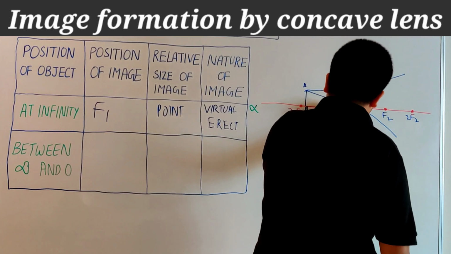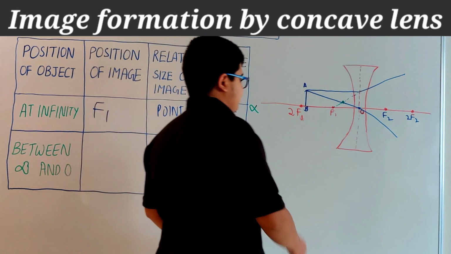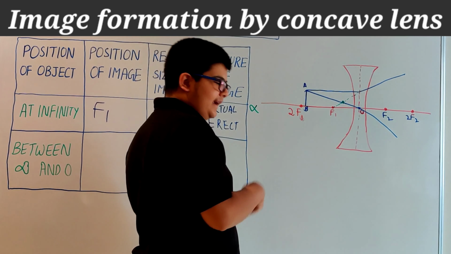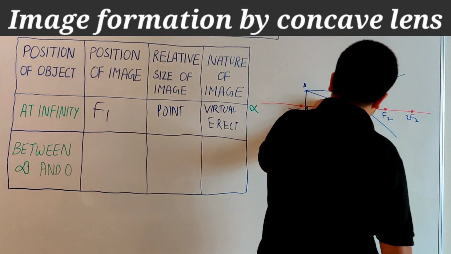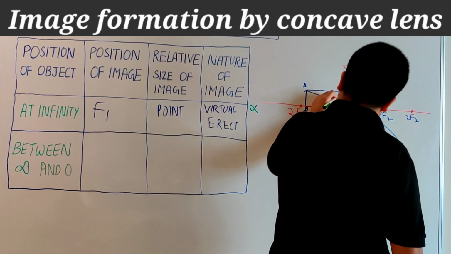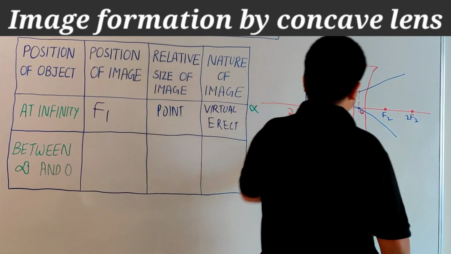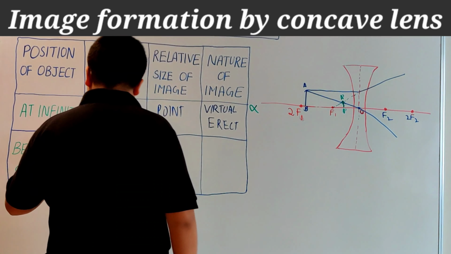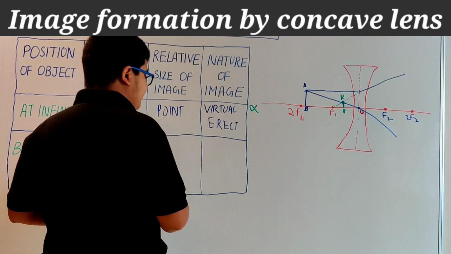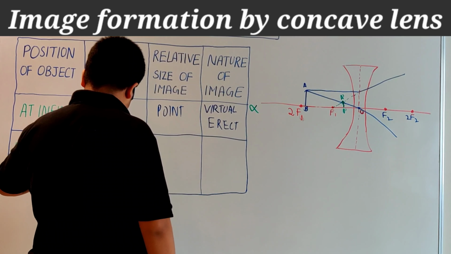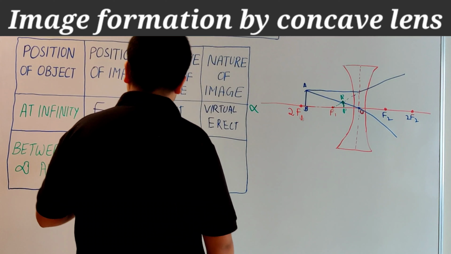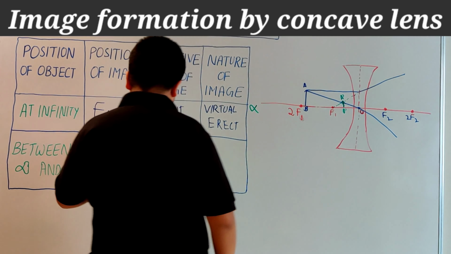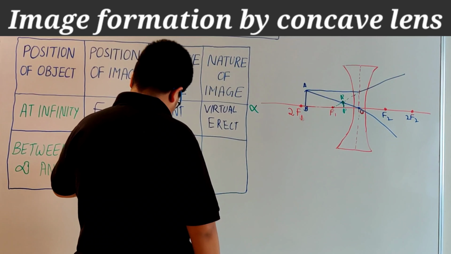Now here you can see that both of these rays are appearing to meet at this point. This point is basically A dash B dash. This point is between the point F1 and O. So when the object is between infinity and O, the image is between F1 and O. And you can see the size of image is smaller than the object, so diminished.